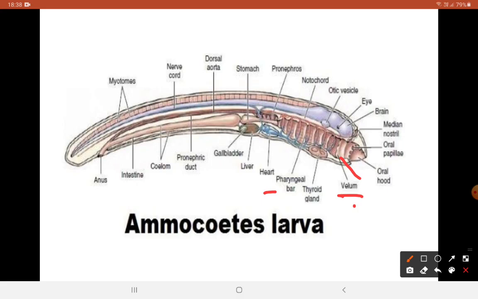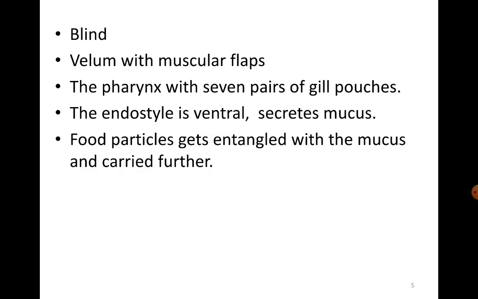It has an unpaired median pineal eye which is well developed, but hypophyseal and nasal sacs are poorly developed in Ammocoete larva. So all these points we have said already. Now this describes the structure of an Ammocoete larva.